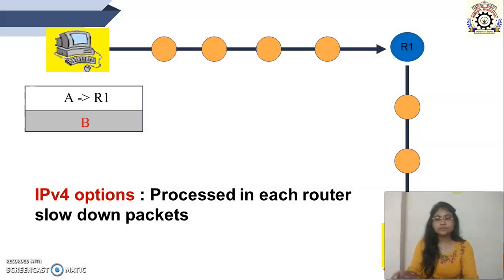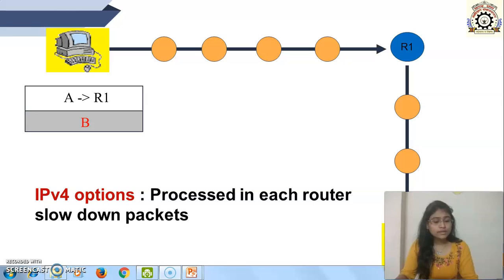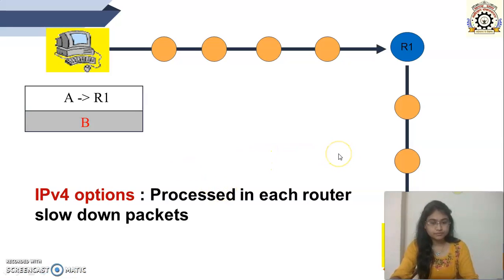Now see here, suppose we are using IPv4, Internet Protocol version number 4. So in that case, if computer A wants to send a data packet to computer B, then if we are using IPv4, that packet is visited by each and every intermediate node and each and every intermediate router.